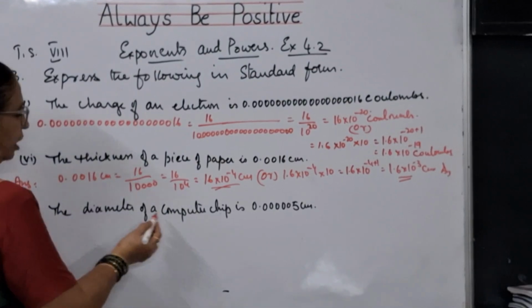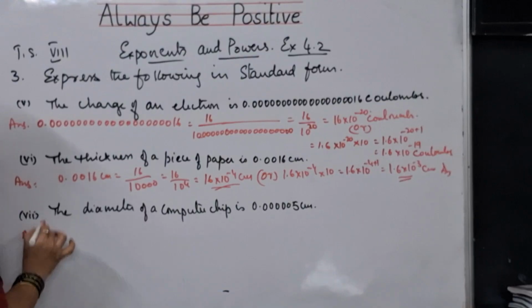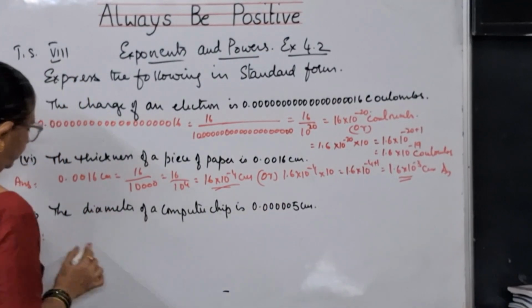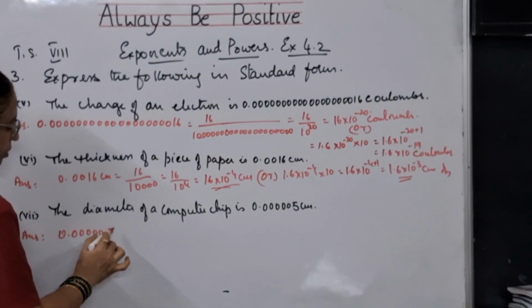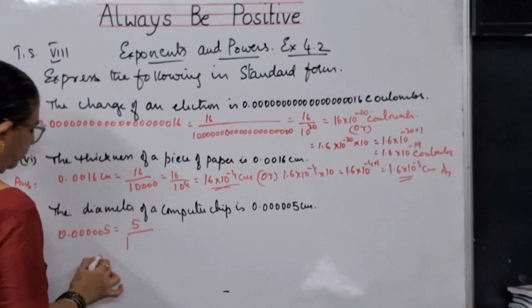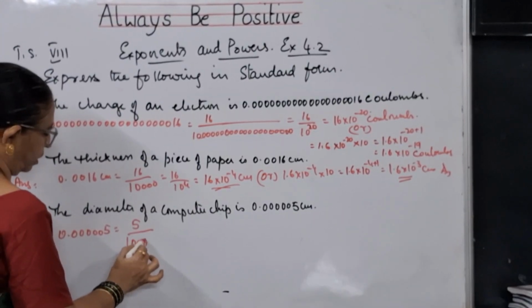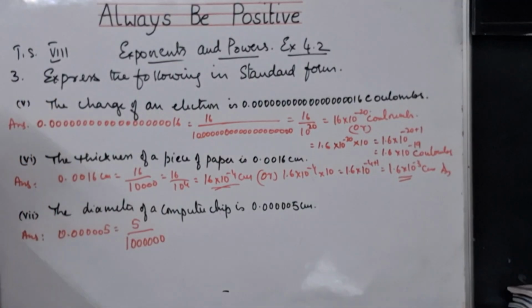Next, what is the diameter of a chip? 0.000005. This is nothing but 5 by, after 1, 1, 2, 3, 4, 5, 6 zeros, and instead of that number, we also need to keep 0.